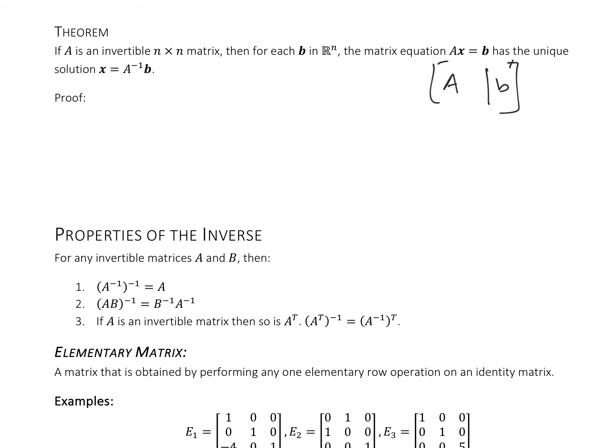Well, now what we can do is, if we can find our inverse, all we need to do is multiply both sides of the equation by that inverse, and we end up with our X equal to something.